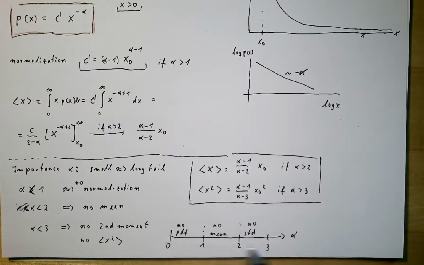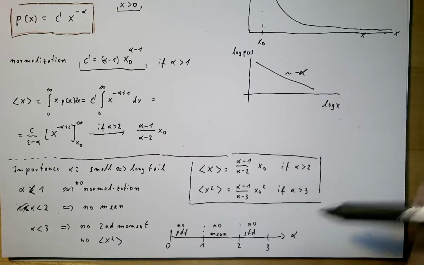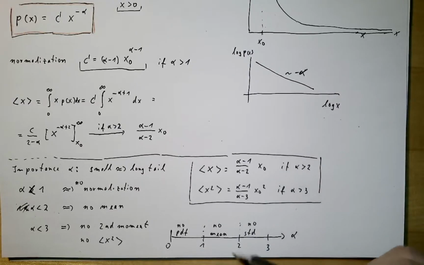And so on this scale here you see how mild or how wild the distribution is, because for small alphas you start to lose the standard deviation or the mean, or the distribution is not even normalizable anymore.